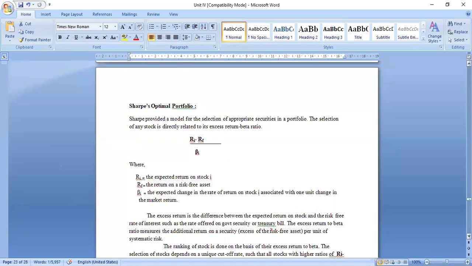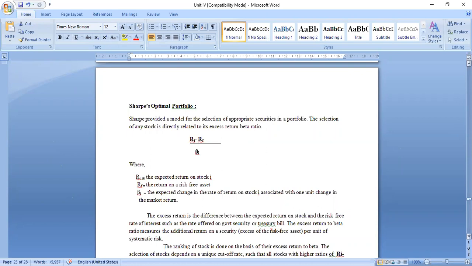So how much to invest in security A or how much we can invest in security B, that we can decide based on this calculation of the optimal portfolio. It means Sharpe is giving us a model where you can select appropriate securities in a portfolio. And what do we mean by appropriate securities?